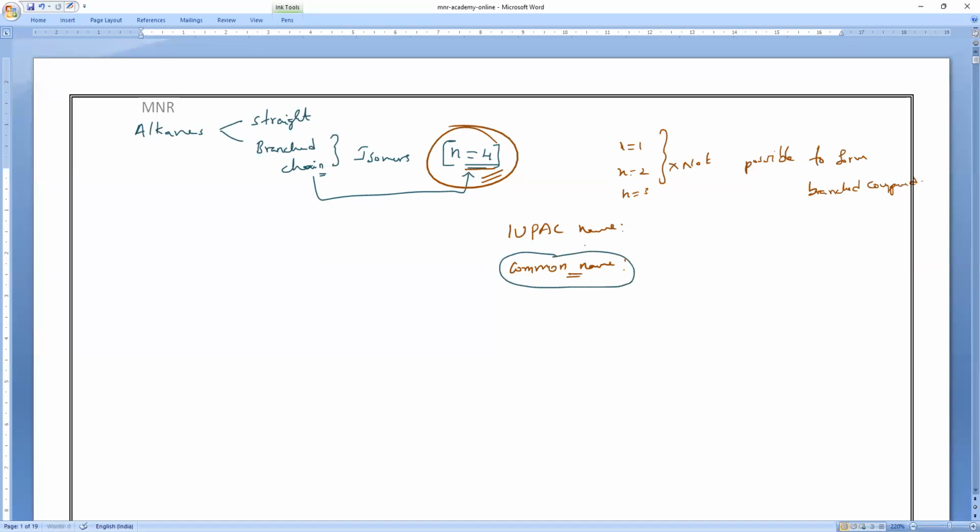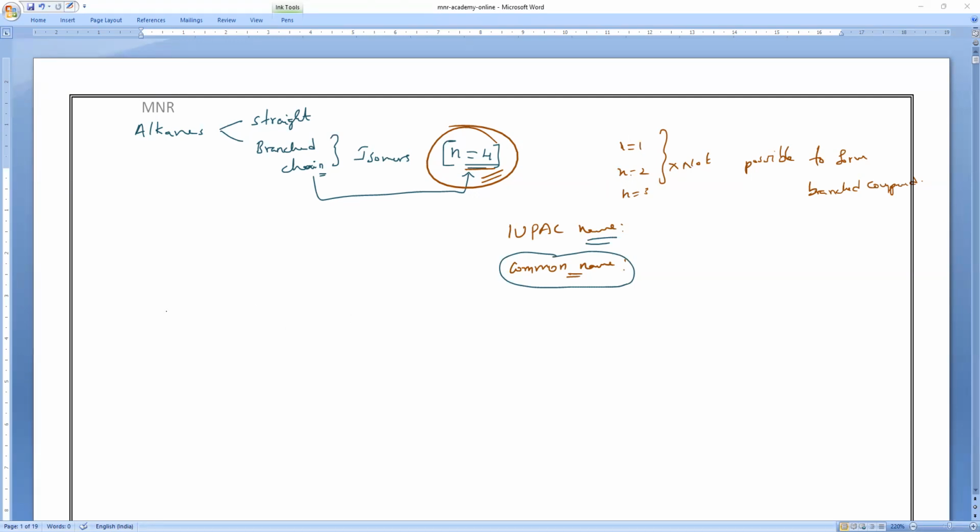If you don't know the IUPAC name, it is not possible to get the molecular formula. If you don't know the molecular formula, it is not possible to make the structural formula, or the condensed formula and further the electron dot structure. Everything is interlinked.